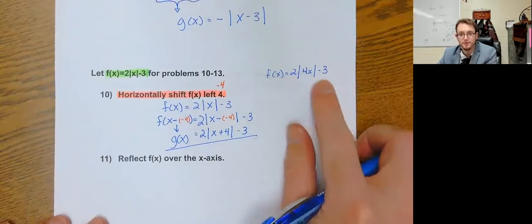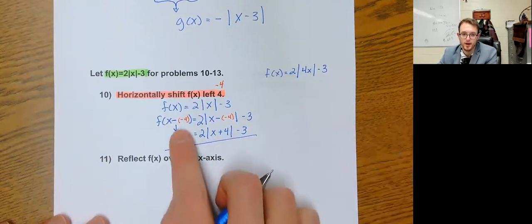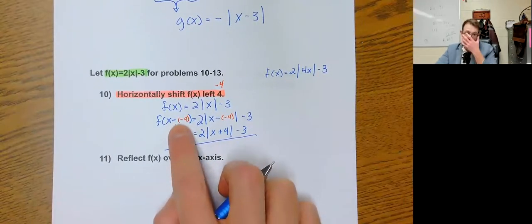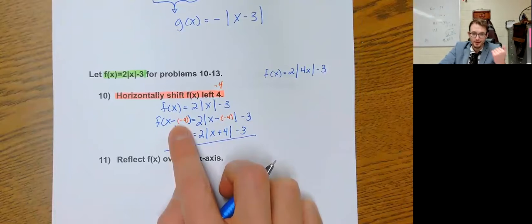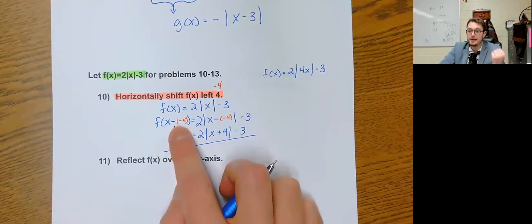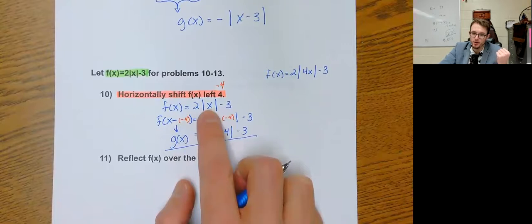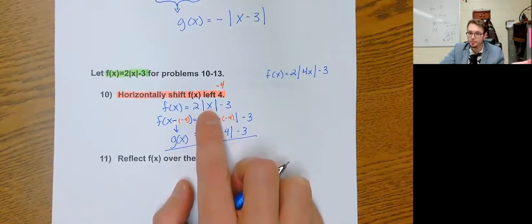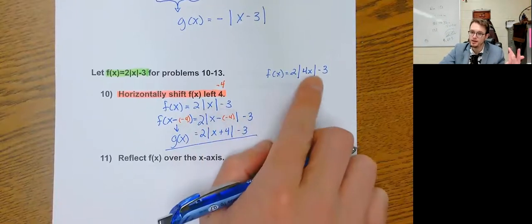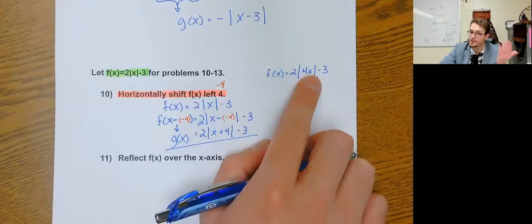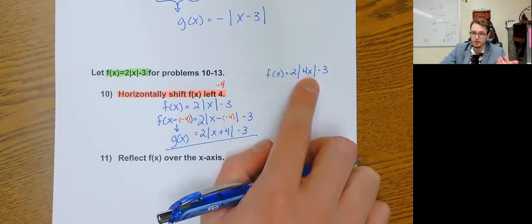This would be a little bit different, because what I wanted to do was subtract a -4 off of the input itself. But there was already absolute value bars, and on the inside there was just the input. But here in this example, the input is not by itself on the inside.